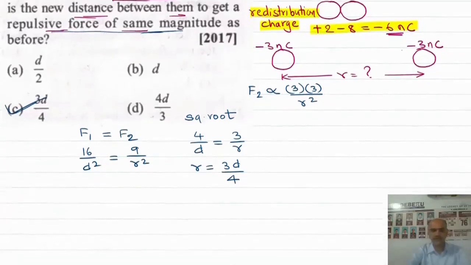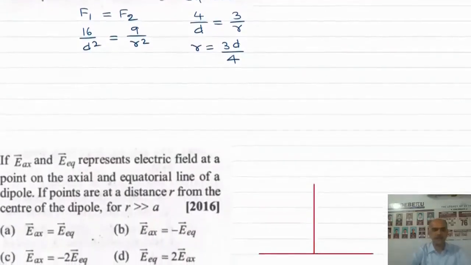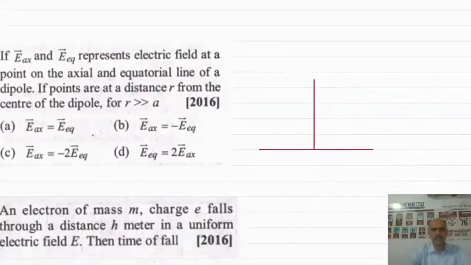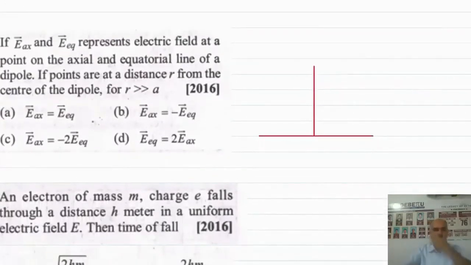Next, if E_ax and E_eq represent the electric field at a point on the axial and equatorial line of a dipole, if the distance r from the center of the dipole is given. So a dipole consists of two equal and opposite charges, minus q and plus q.